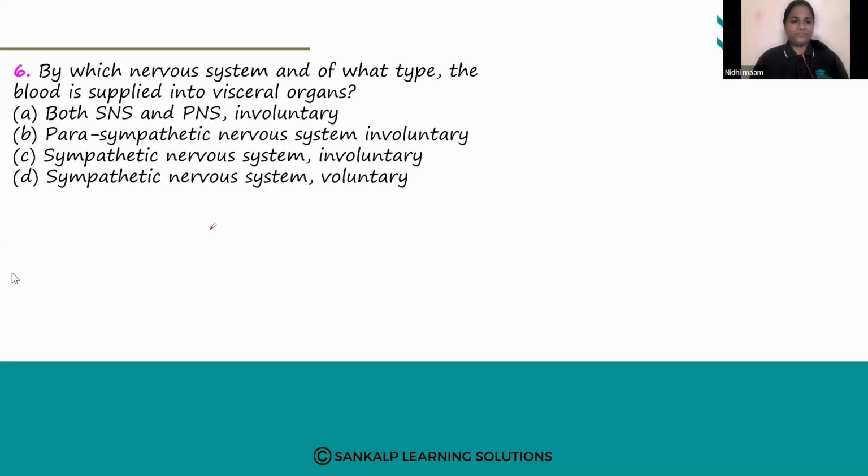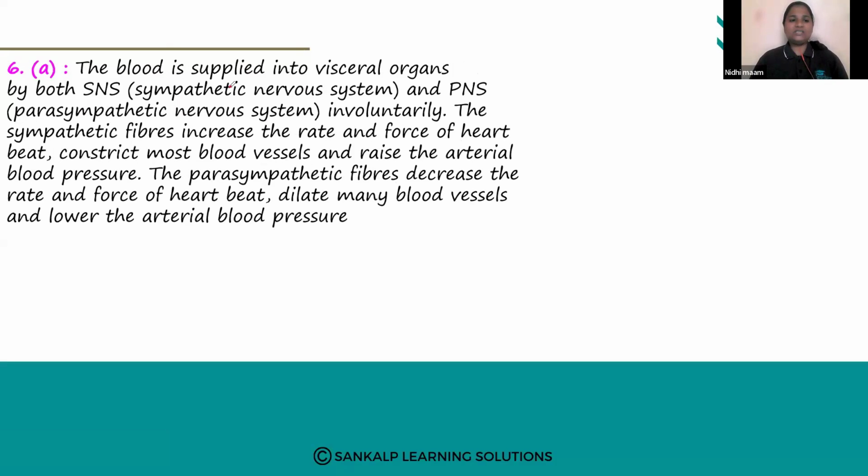Okay, option A. Let us check the answer. Exactly. The blood is supplied to visceral organs by both the sympathetic and parasympathetic nervous systems, involuntarily. The sympathetic fibers increase the rate and force of heartbeat, constrict the blood vessels and raise the arterial blood pressure.